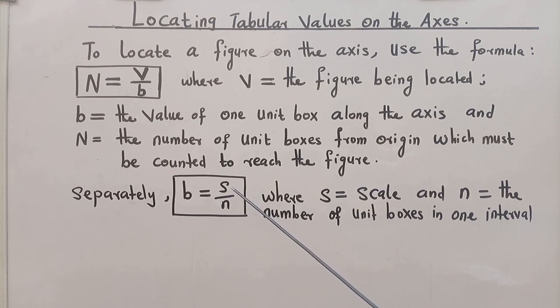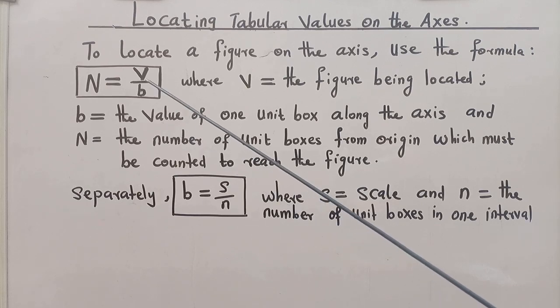Then, after the scale is chosen for a particular case, that scale remains constant throughout the time we shall need it. Therefore, both the scale and the number of unit boxes are constant. Because of that, the value of one unit box will also be a constant.